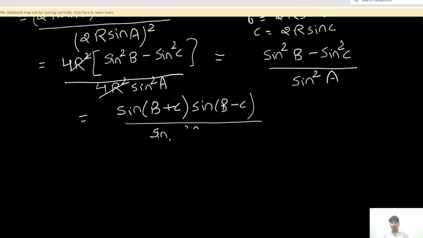Then this becomes sine of B plus C into sine of B minus C over sine A into sine A.